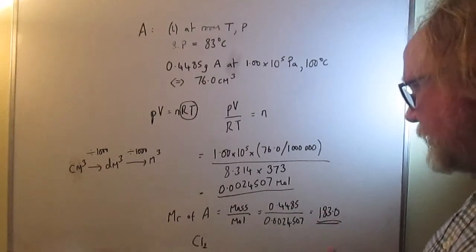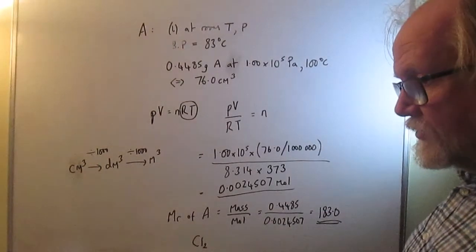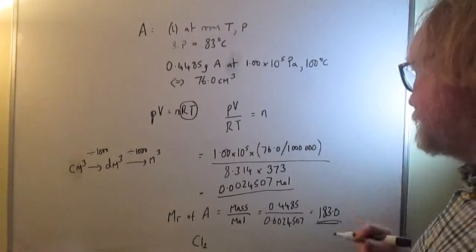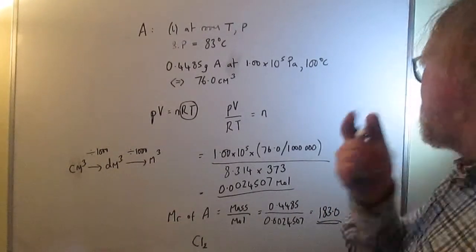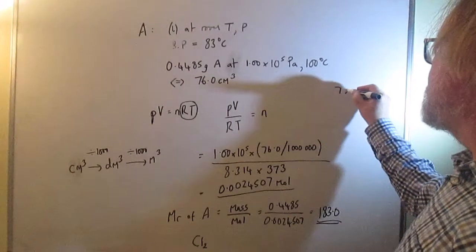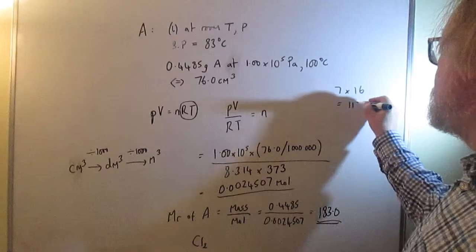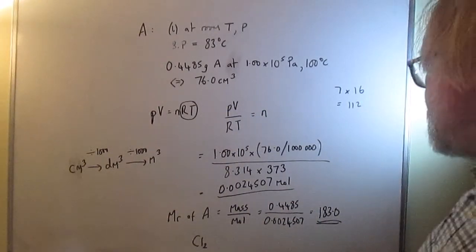And you think, right, how many oxygens go into 112? Oxygen is 16, and if you do 7 times 16, you do indeed get 112. Okay, so that's the number.